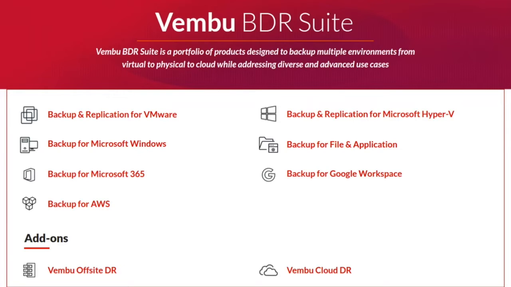Once you enable this Wembu Cloud, all the secondary copies of your backup data from your BDR backup server will be stored in Wembu Cloud DR. So with the username and password, wherever you are in this world, you can restore your data. There are limitations when you compare Wembu Offsite DR and Wembu Cloud DR, but those limitations are only on the recovery side. Comparatively, the Wembu Cloud DR has fewer recovery options than the Wembu Offsite DR. So this is an overview.